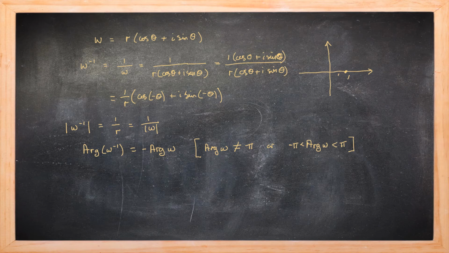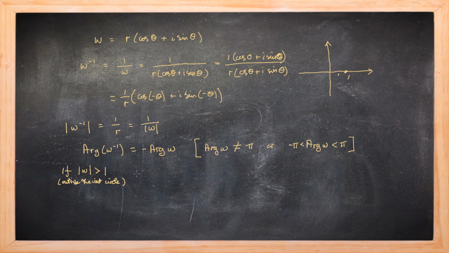Now the final thing was the unit circle. And remember, we had a statement that said if the modulus of w is greater than 1, in other words, it lies outside the unit circle, then the modulus of the reciprocal of w is inside the unit circle, or was less than 1.